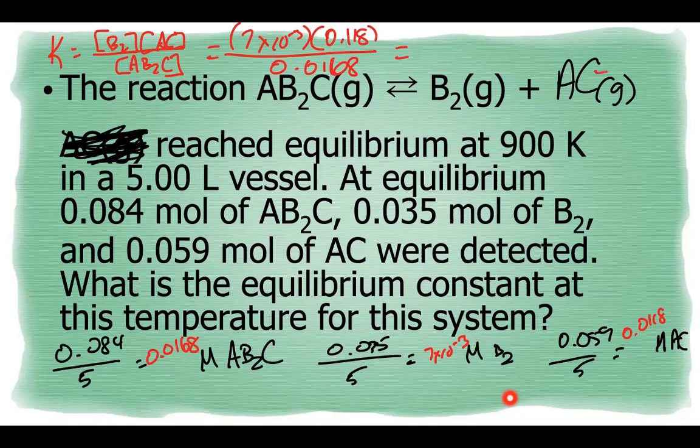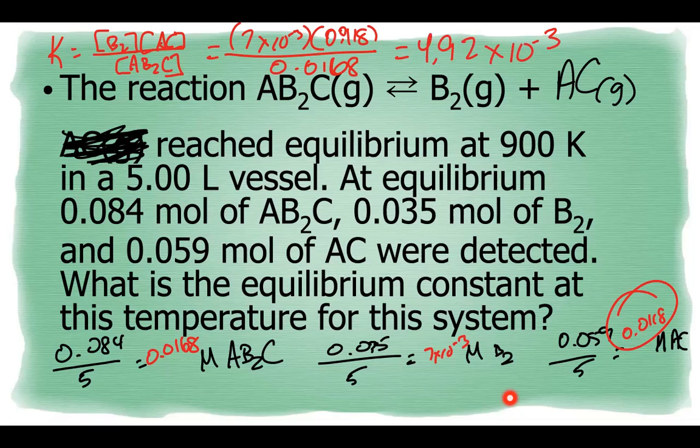So in the calculator, 7 times 10 minus 3 times 0.0118 divided by 0.0168. Make sure you copy your numbers right, not like I did. You should get 4.92 times 10 to the power minus 3.